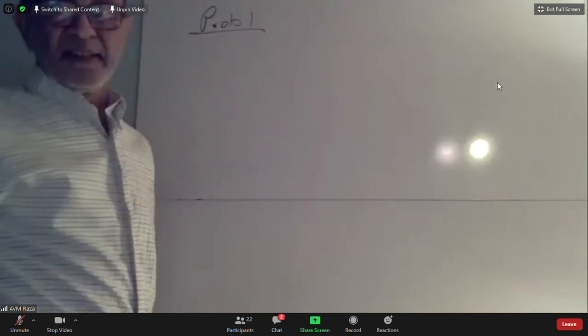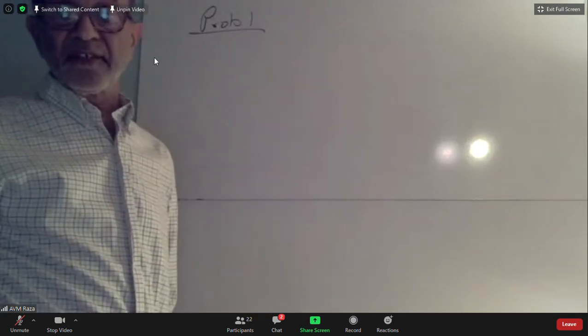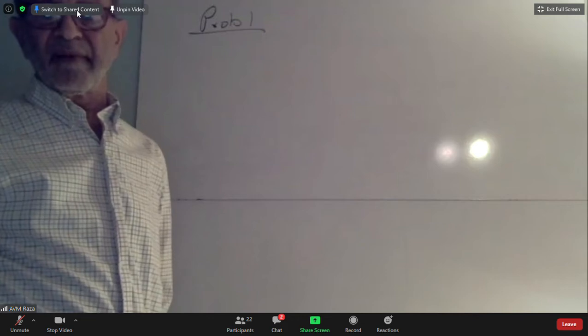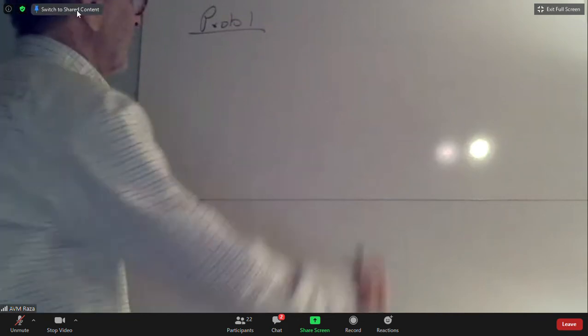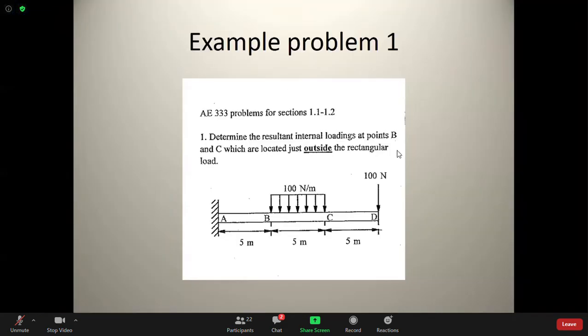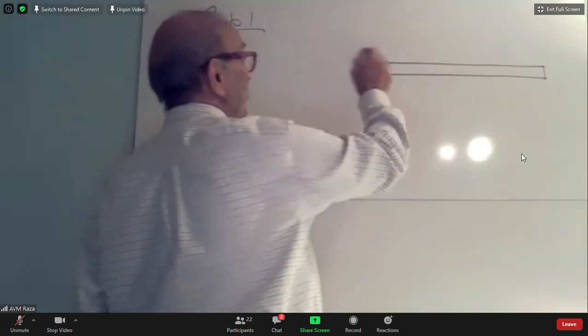To find the support reactions, we need to first of all draw the free body diagram replacing the support by its reaction. As we just saw, a fixed support will have two forces, one moment. So here is a free body diagram. I'm trying to draw a free body diagram to find the support reactions.